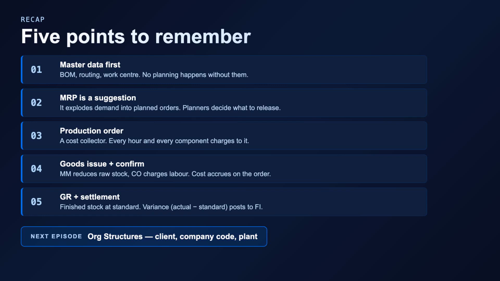Every hour and every component charges to it. Goods issue and confirmation accrue cost on the order. Goods receipt puts finished stock in at standard value. Settlement posts the variance to FI.